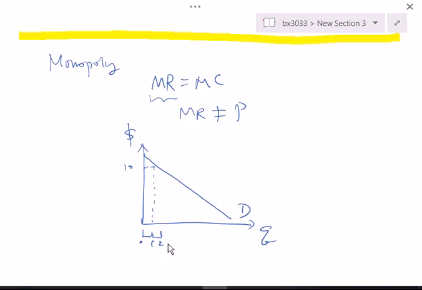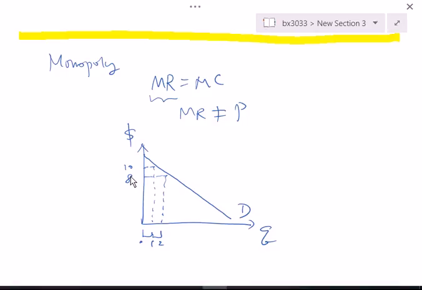At a price of $10, consumers are only willing to buy 1 unit. So in order to sell my output, I need to drop the price, say from $10 to $8. So now the marginal revenue is less than the price I receive.